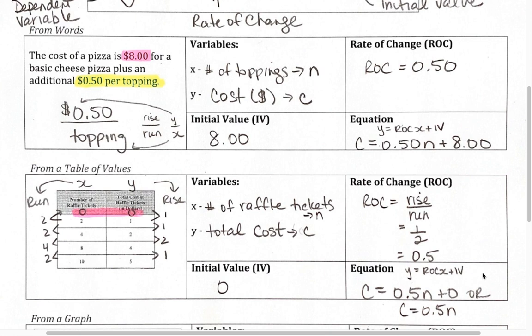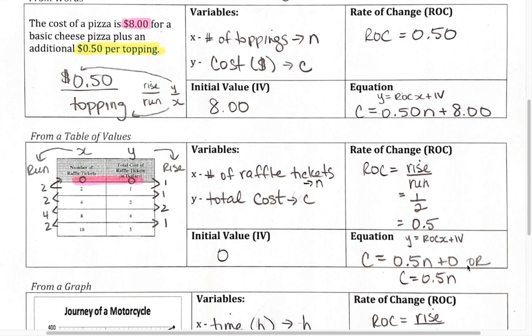Okay, we can do the same thing from a table of values. So here I have a table of values, and when I label a table of values, remember that you always put your x column first and your y column second. In other words, we always put our independent variable column first and our dependent variable column second.